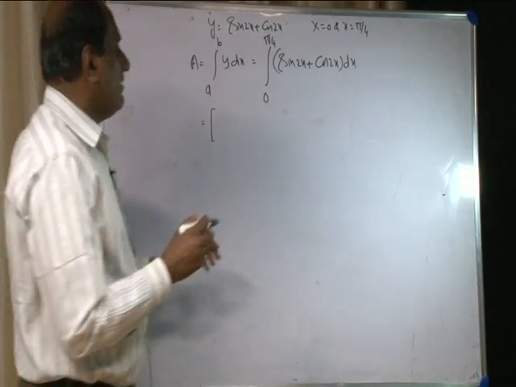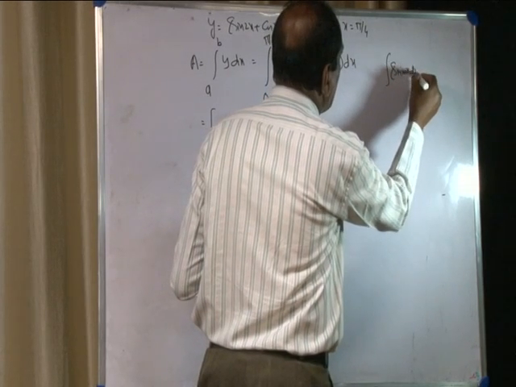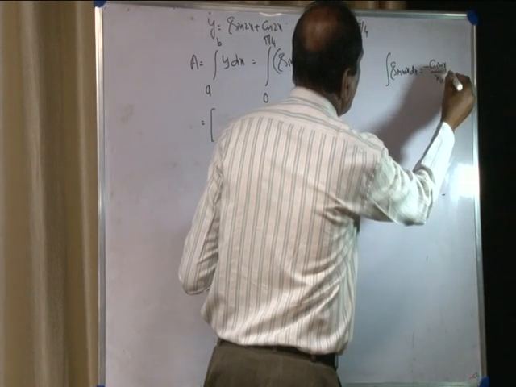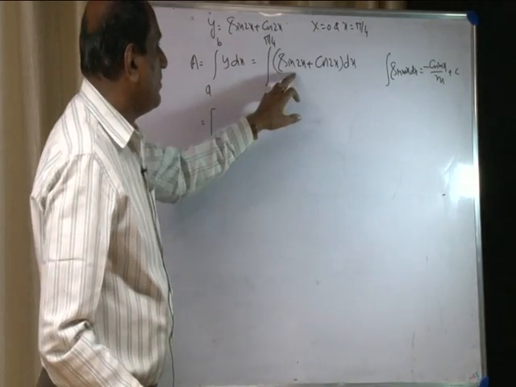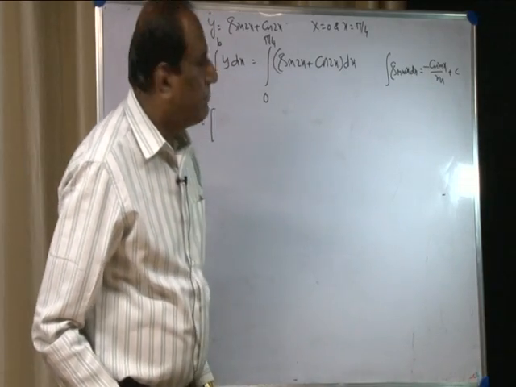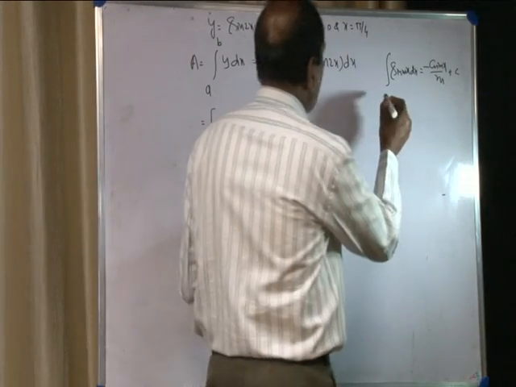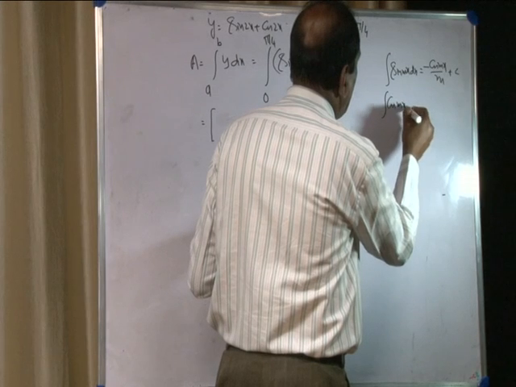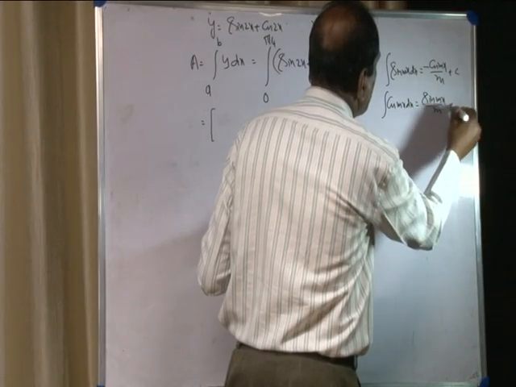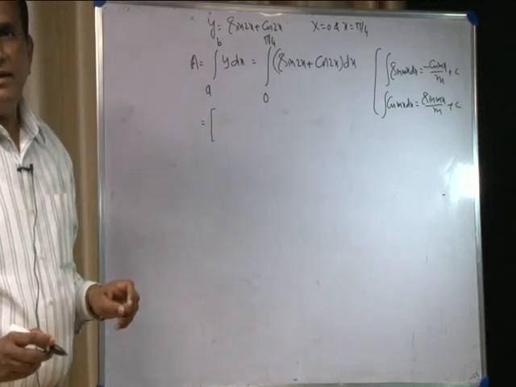There is a formula: the integration of sin mx dx is equal to minus cos mx divided by m plus c. To integrate sin 2x, use this formula. Similarly, for the cos mx formula, the integral of cos mx dx is equal to sin mx by m plus c. Use these two results to find the given integral.